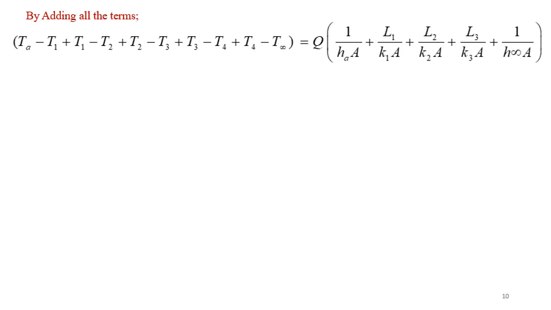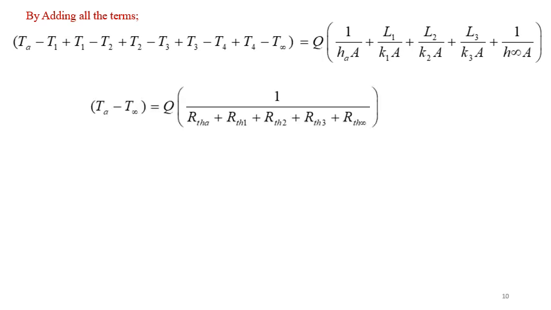So TA minus T infinity is equal to Q into, where 1 by hA is R_th A. Similarly, L1 by K1 A is R_th1, and then R_th2, R_th3, and R_th infinity, which together give R total.